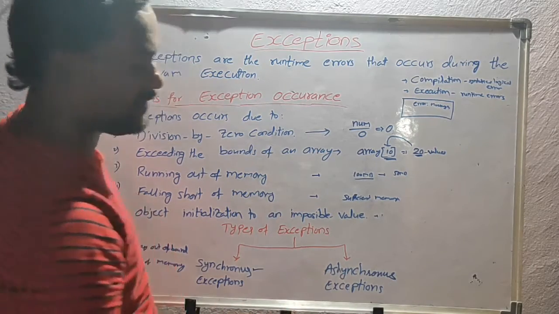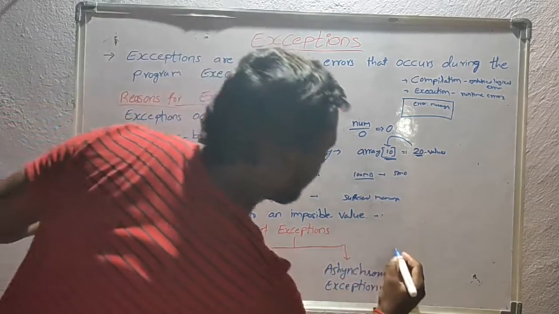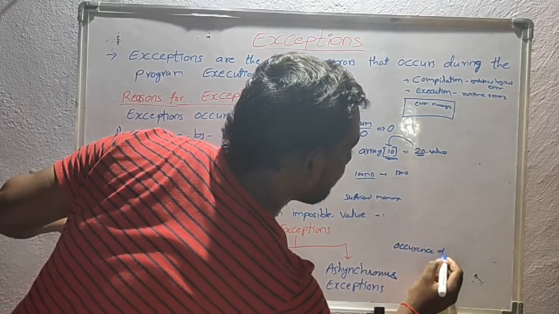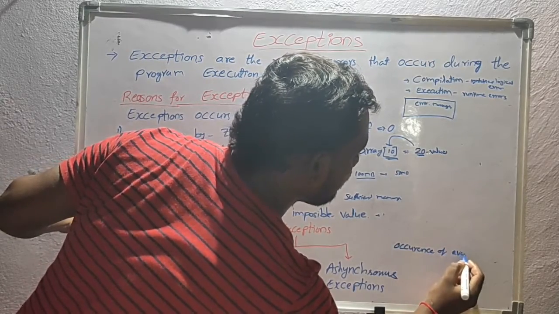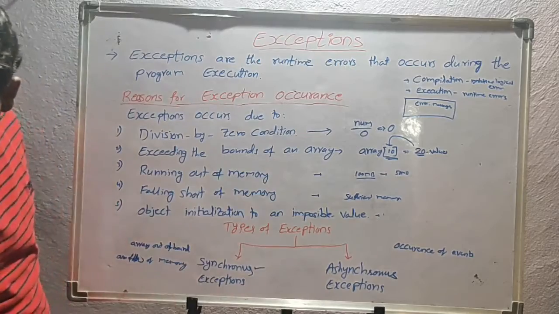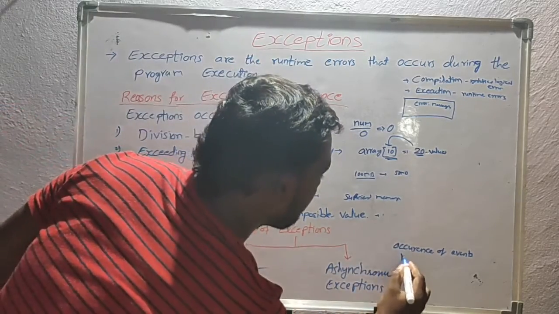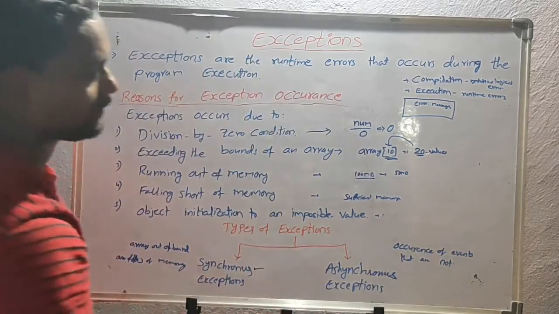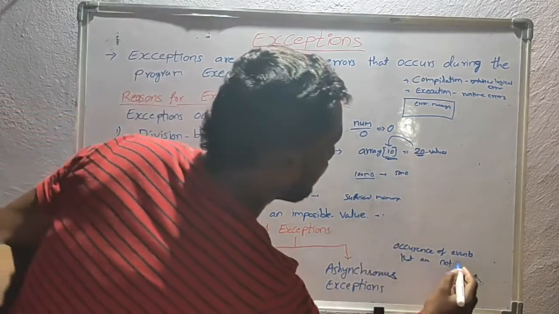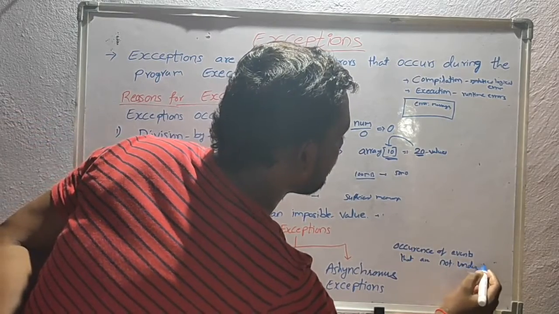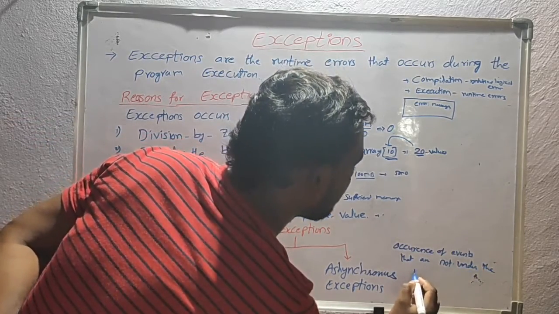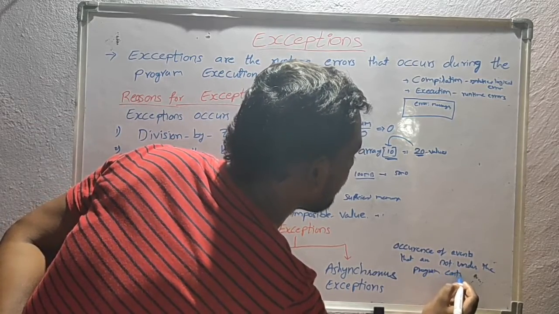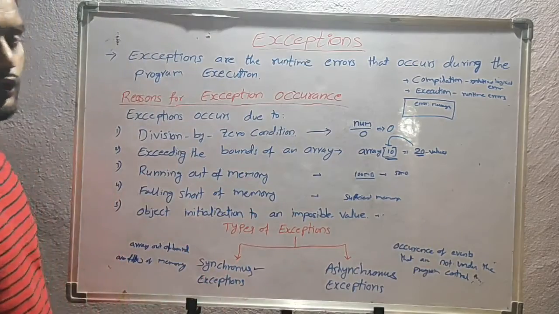And asynchronous exceptions are occurrences of events that are not under the program control, and these are the asynchronous exceptions.